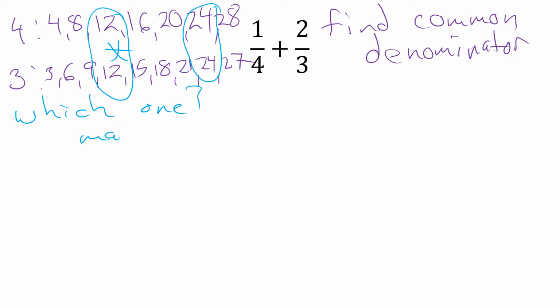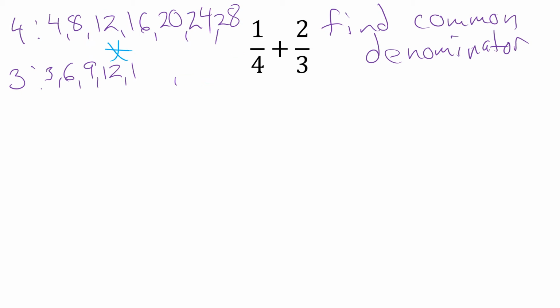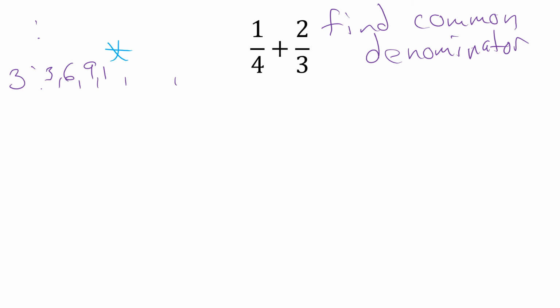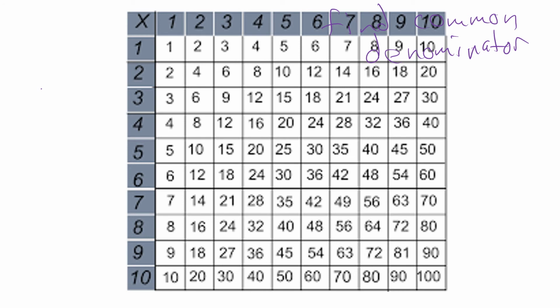Now that's one way to think about how to find your common denominator. Another way to do it, and I have posted for you a times table in Blackboard that goes up to the 12's place, would be to use that times table. So this guy right here.